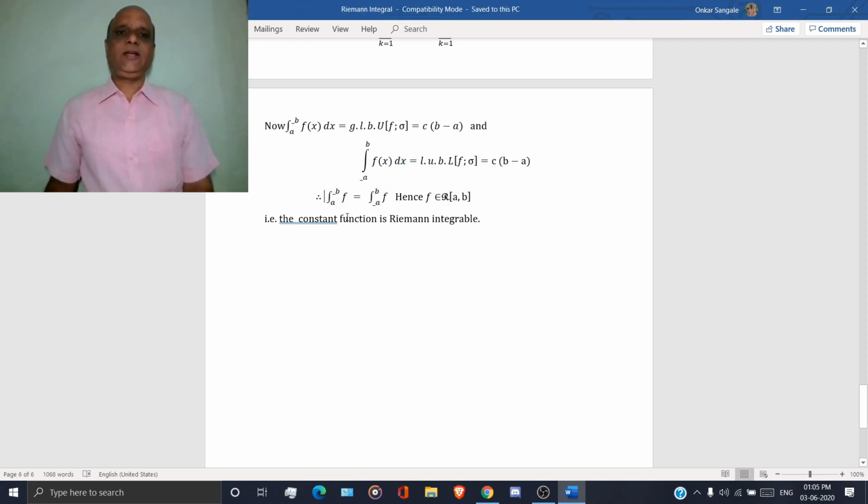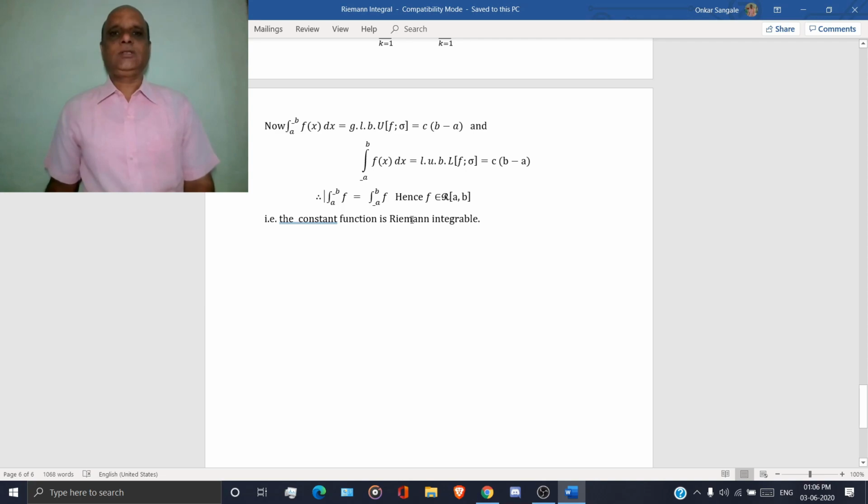Therefore we write the upper integral of f is equal to the lower integral of f, and hence f is a Riemann integrable function over the closed interval [a, b]. We write this as f belongs to R[a, b], that is, the given function is a Riemann integrable function. In this way we have shown that the constant function is Riemann integrable.